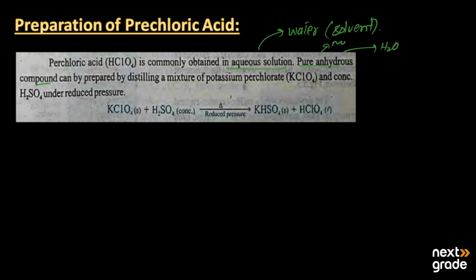So it can be prepared by distilling a mixture of potassium perchlorate, the salt of perchlorate KClO4, with concentrated H2SO4, which is named sulfuric acid.